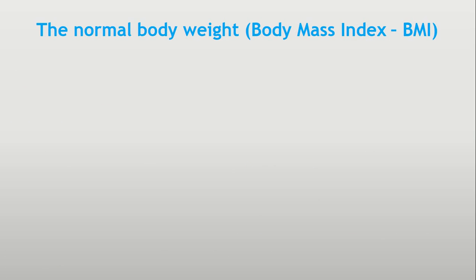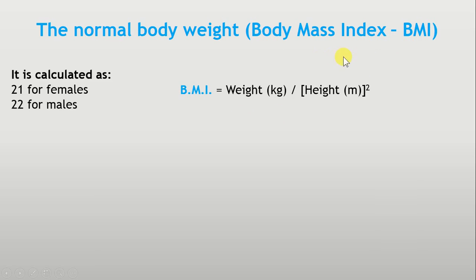Let's talk about the normal body weight, or we use the term body mass index, shortly BMI. BMI for female it is 21, for male it is 22. I'm going to teach you how we use this.